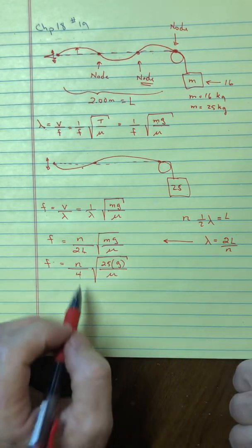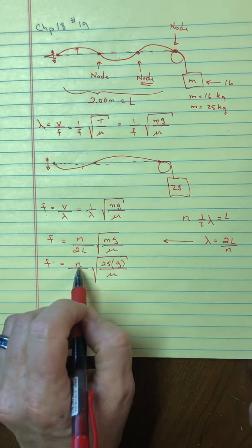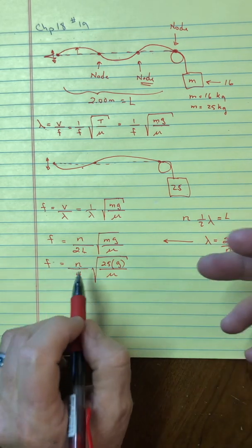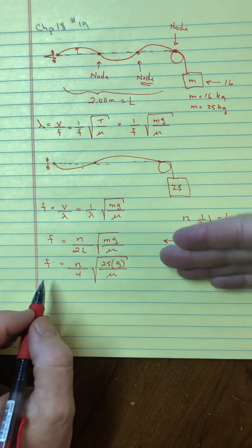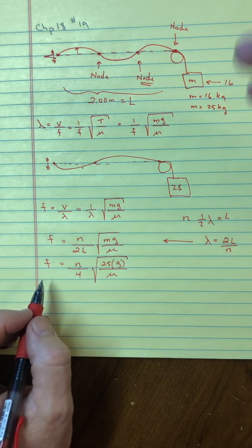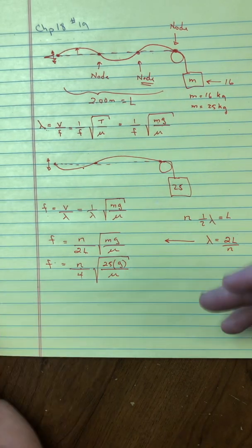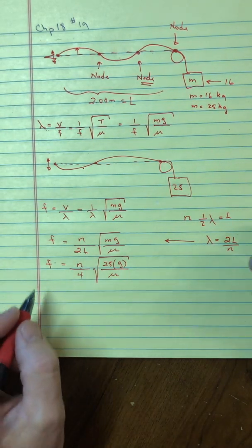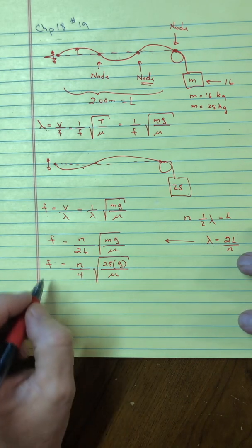And I guess what I'm trying to say is right now I have an equation that has 2 things I don't know. I don't know how many humps there are, I don't know what harmonic this is, and I don't know what the frequency is. But if I do that same thing for the other equation, of course, then I have 2 equations with 2 unknowns. So let me apply this same equation to the 16.